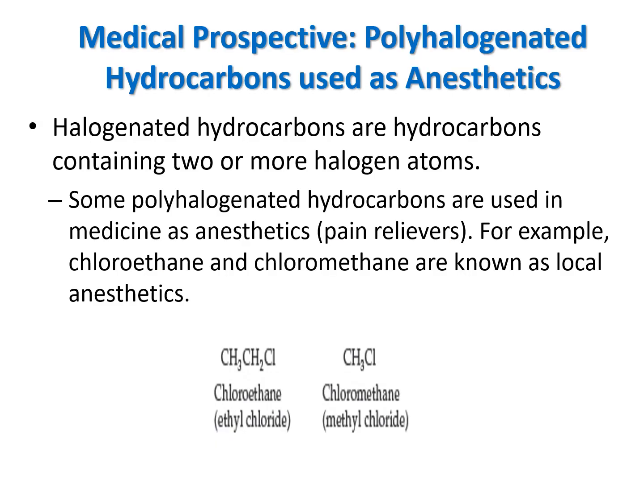Next is the medical perspective of these polyhalogenated hydrocarbons, which can be used as anesthetics in hospital settings or in the medical profession. Polyhalogenated hydrocarbons are the ones that contain 2 or more halogen atoms. Some of these are used in medicine as anesthetics.